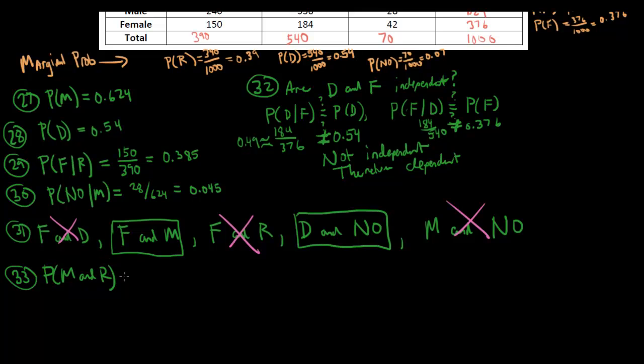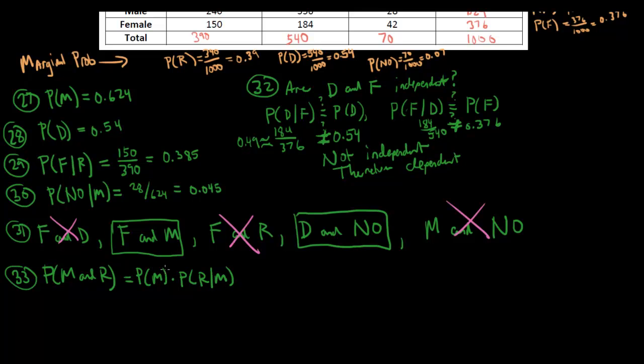Okay, now we need to remember what the formula for joint probabilities is. The formula for joint probability is, and we're using M's and R's here, the probability of male times the probability of Republican given male. Now, why did I write it like this?